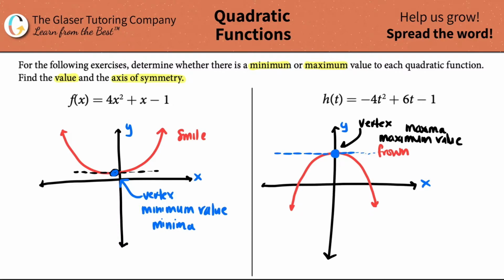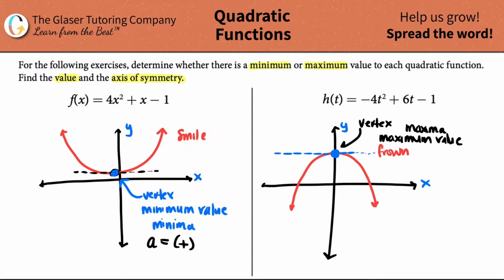But now how do I know if a graph is going to be smiling at me or frowning? Well, it all comes back to the a value in the quadratic function. If your a value is positive, I don't care what positive it is, a +1, a +2, a 1/2, a 3/4, a 4, you are smiling.